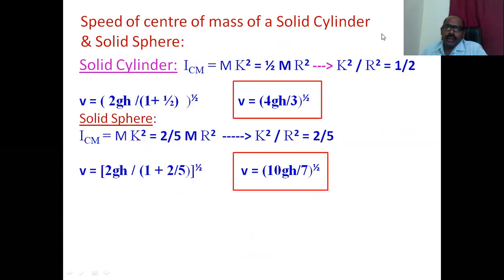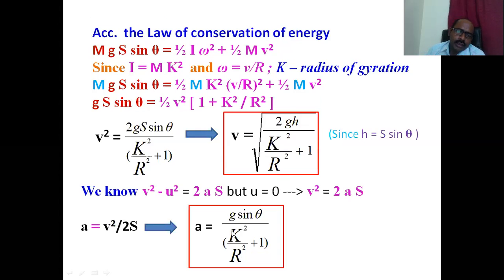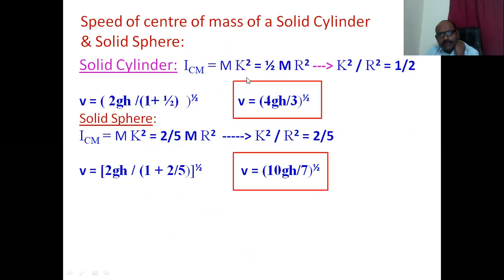Now we are seeing the similar equation for a solid cylinder and solid sphere. Here we have to find out only the radius of gyration, or the ratio of the radius of gyration to the radius of the object. In case of a solid cylinder, the moment of inertia about an axis passing through the center of mass is half m r square.